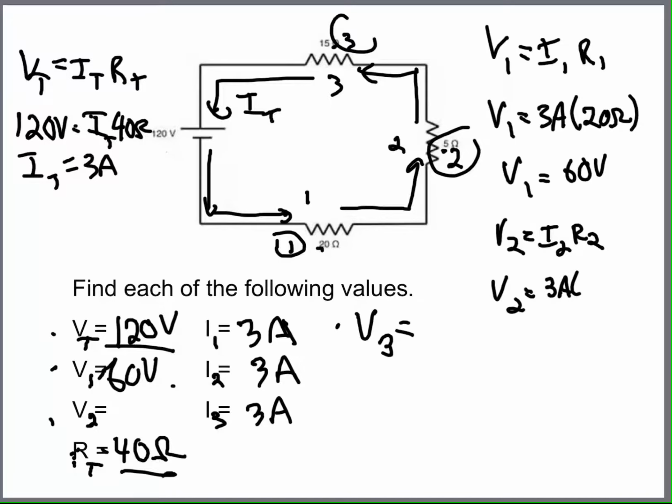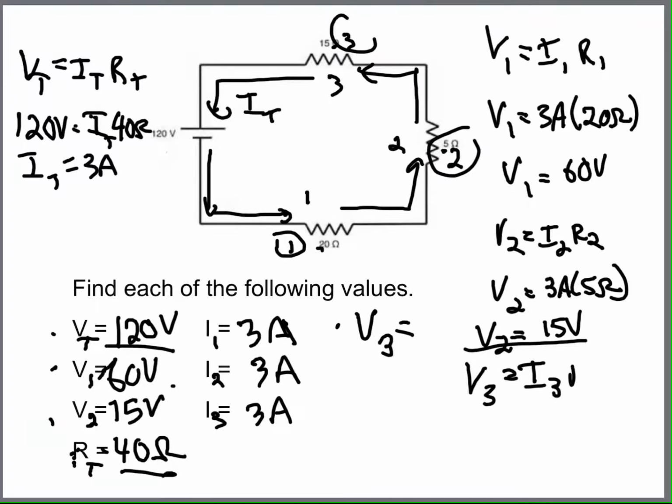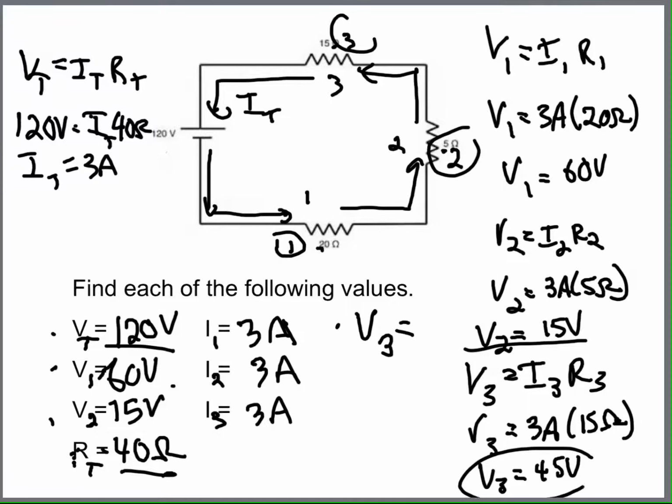Now we're only looking at 5 ohms, so that's 15 volts. And then I3, R3. V3 equals 3 amps times 15 ohms, so that's going to be 45 volts.